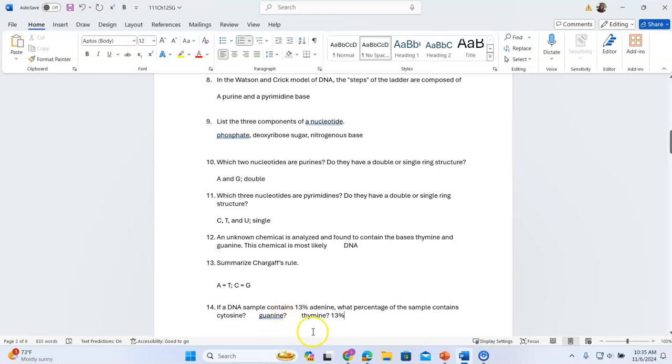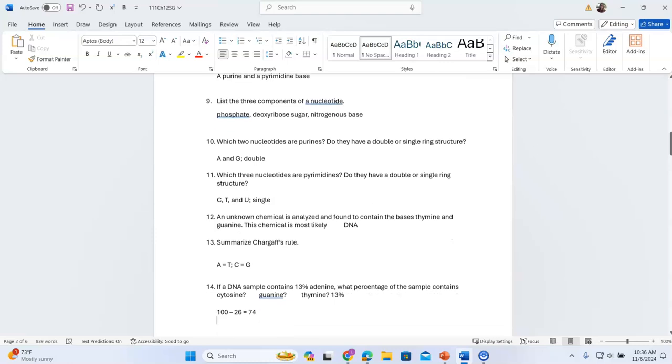But what about cytosine and guanine? Okay, so what we have to do is remember that percents add up to 100. So we have to do a little math. 13 plus 13 is 26. So what is 100 take away 26? That is going to be equal to 74. So the cytosine and guanine together make up 74%. Then we have to figure out what each one is.